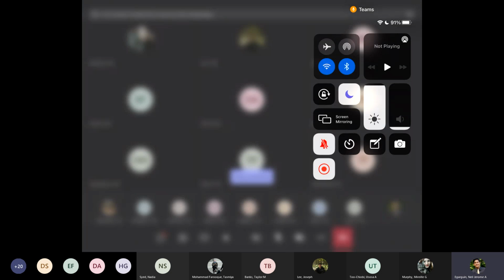Yeah, I have the do not disturb setting on. So anyway, so can you guys see my screen now? Yes, we can see. Okay, yeah. Or is it stuck? In my laptop, it's stuck. But anyway, so maybe you guys can see it.